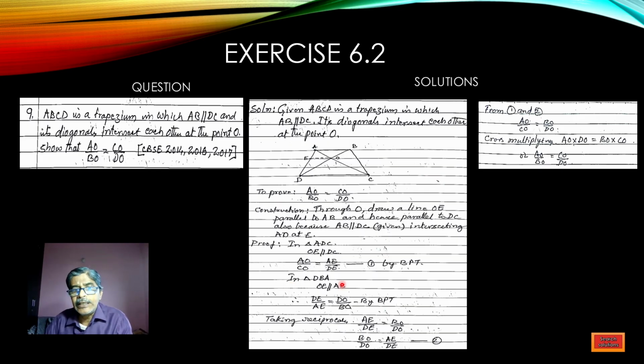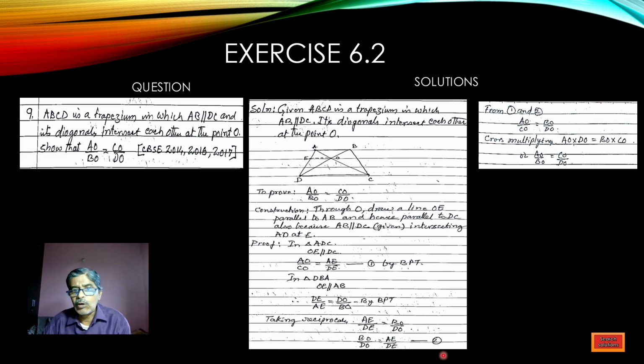In triangle DBA, this upper triangle, OE is parallel to AB, like we did in the bottom portion, the same thing in the top portion. Therefore DE by AE is equal to DO by BO by BPT. So taking reciprocals, we have AE by DE is equal to BO by DO.